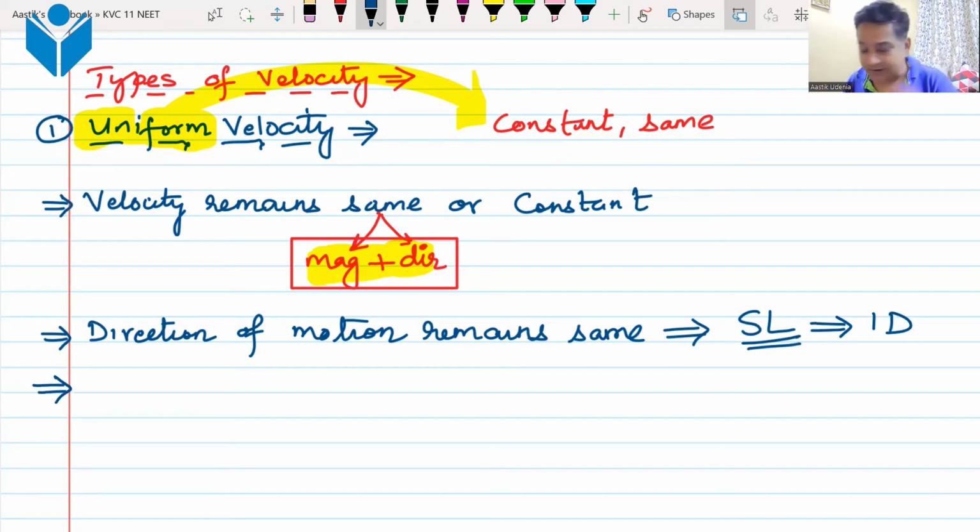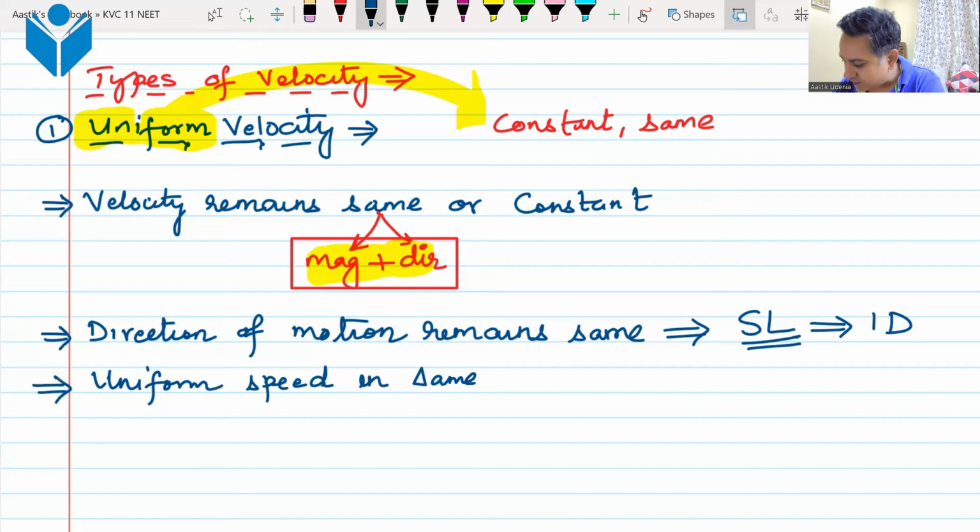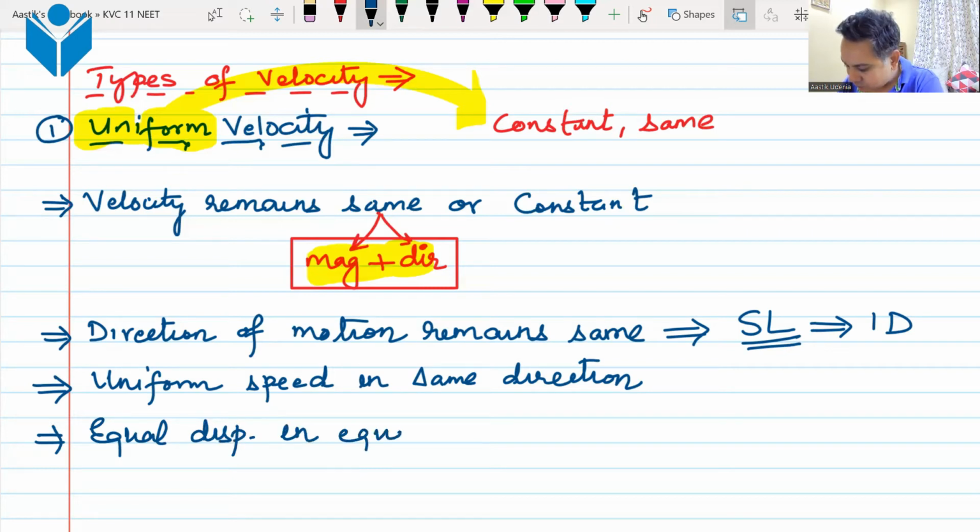You can also understand uniform velocity in this way: the particle moves with uniform speed in the same direction, or it covers equal displacements in equal intervals of time. Is it clear to everyone what we mean by uniform velocity?